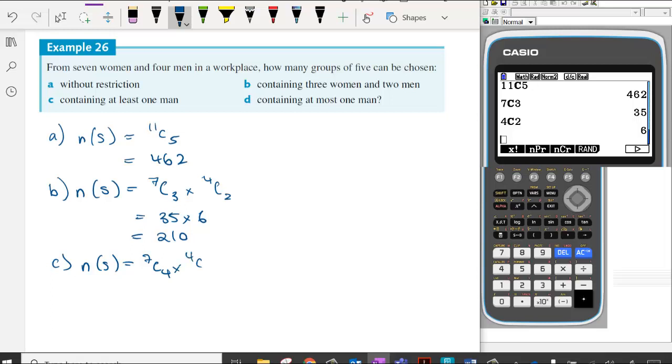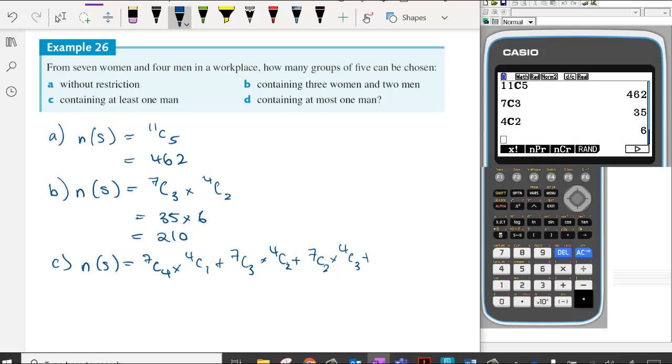multiplied by 4C1. Or we can have 2 men, which means we would have 3 women. So we'd have 4C2 for the 2 men. Or we can have 3 men, which means we would have 2 women, so we'd have 7C2 multiplied by 4C3.